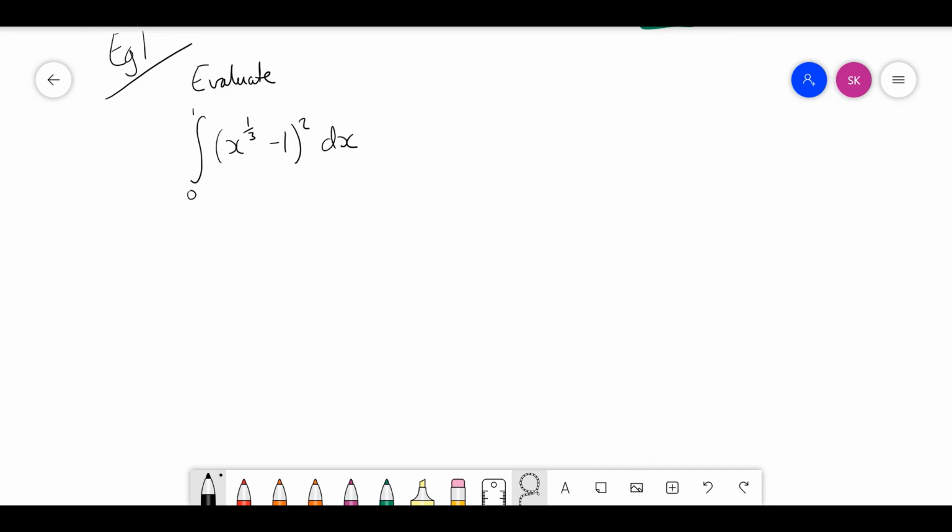Alright, so first of all, we've got to deal with this power, because we can't integrate if we've got a bracket times a bracket. So remember, when you're squaring something, you're talking about the square of the first thing.